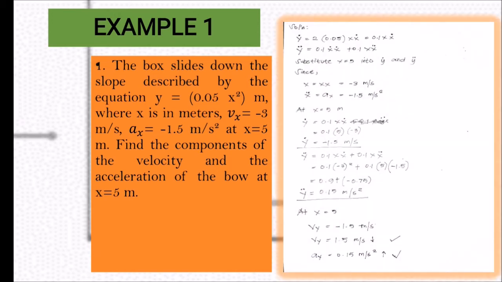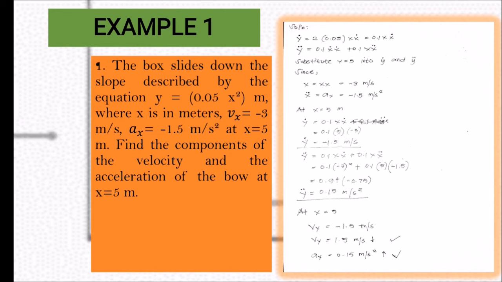Then, for our solution, first, the first derivative of y is equal to 2 times 0.05 x times the first derivative of x, which is equal to 0.1 x times the first derivative of x.